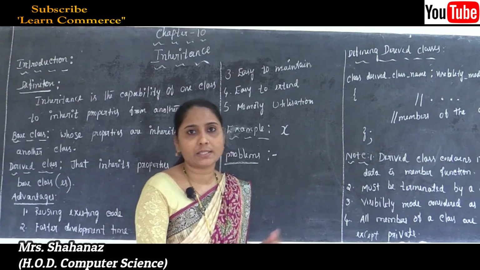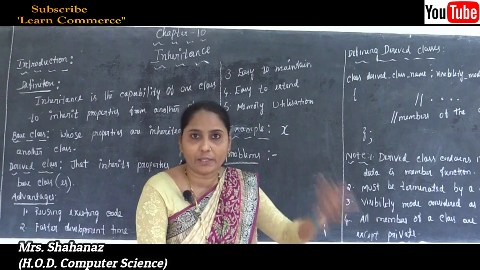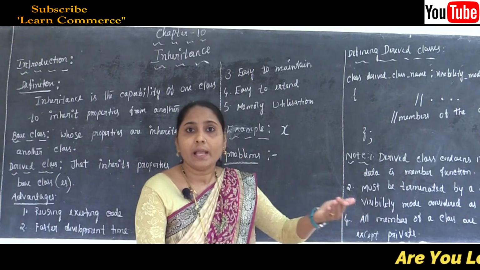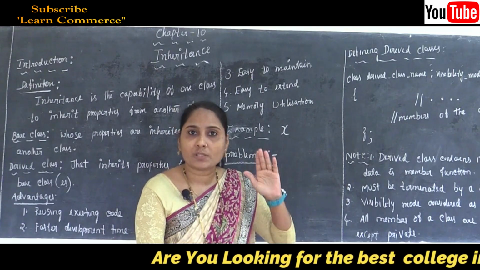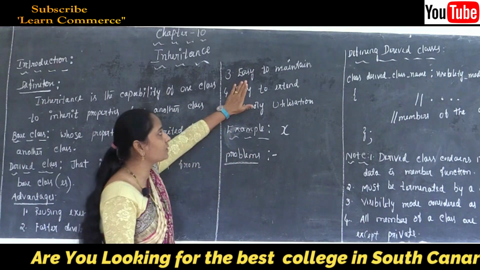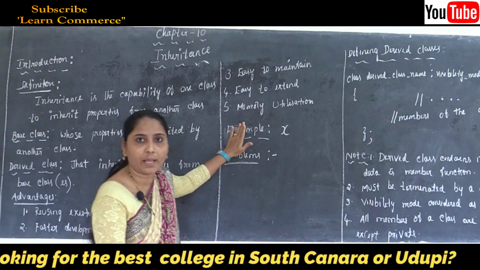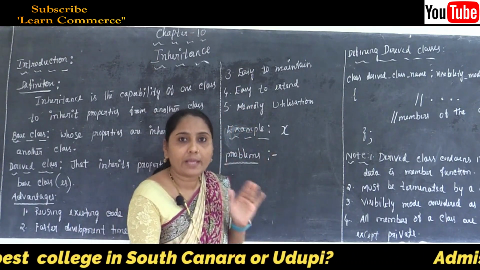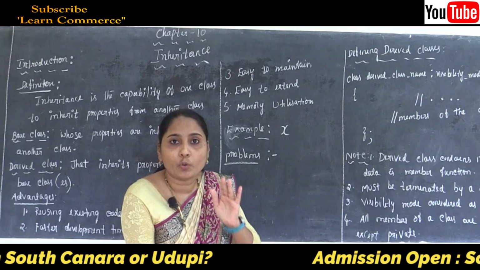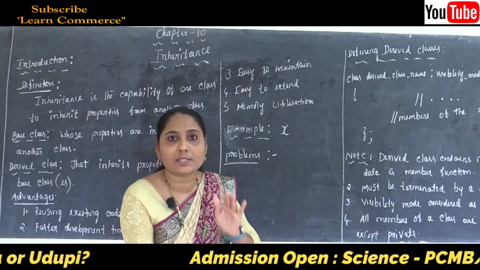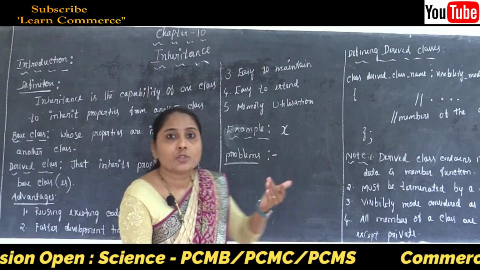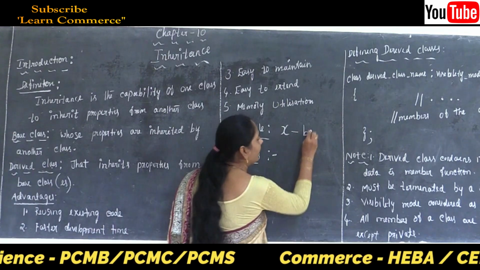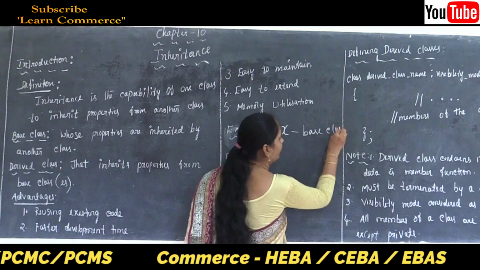This class is called the base class, because we already defined it. The name of the class is X, and such a class, which is already defined, is called the base class. It is the first class, the base class.